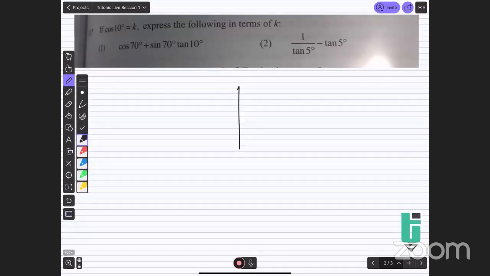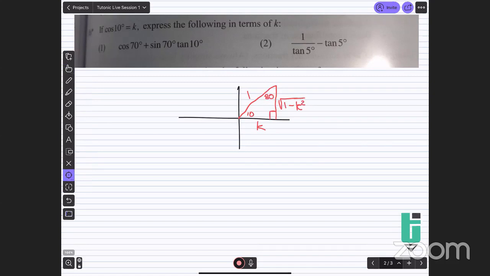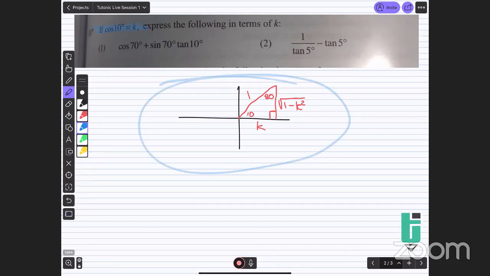We draw a triangle, and we're saying that this is 10, and cos is adjacent over hypotenuse, so it's 1, and that must be root 1 minus k squared if we do Pythagoras. Do you all see that? Just from that statement, you've got a whole triangle.